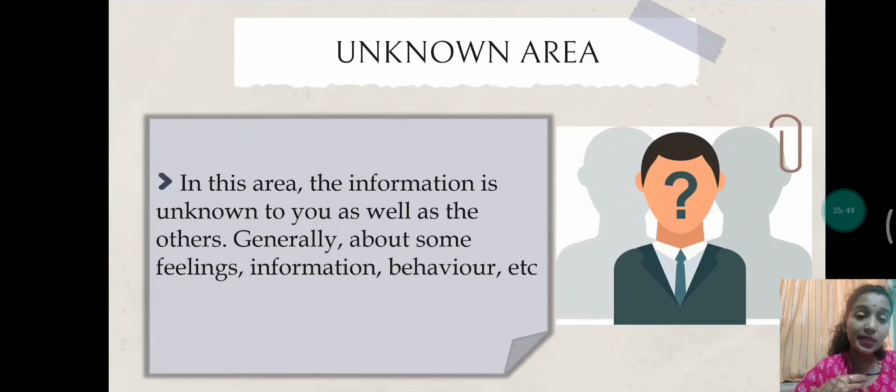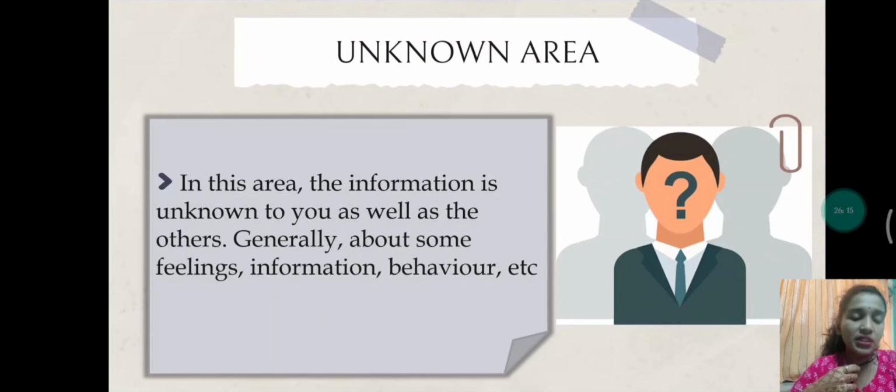The reason behind this might be some traumatic experience in your past, or something that happened suddenly, something very hurting, or you don't want to get involved with someone because you think that person might hurt you. So you try to avoid, or they might ignore you. These are the reasons for the unknown area.